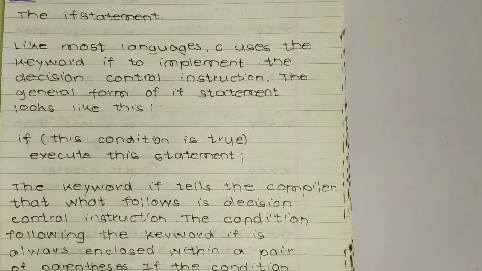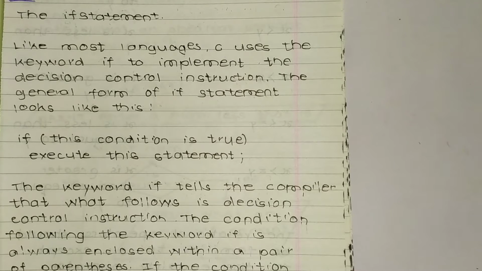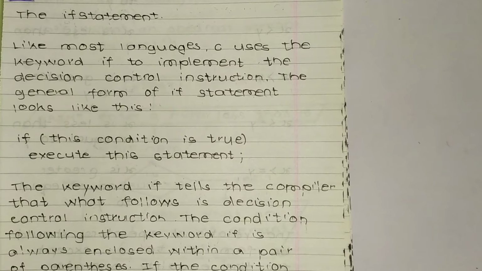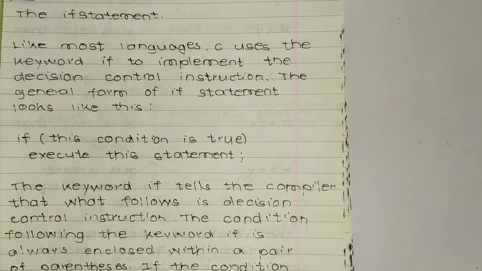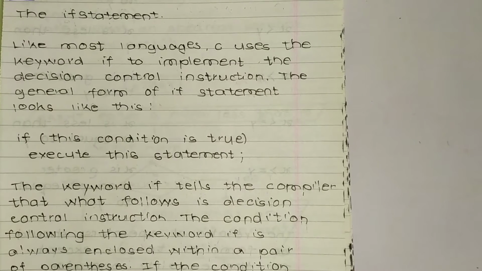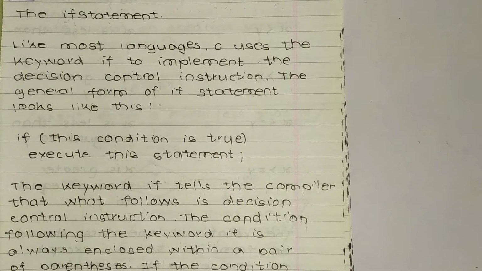That means after if, the condition checking or condition verifying is occurring. After writing the if keyword, we are writing that if this condition is true, then we are executing that statement.